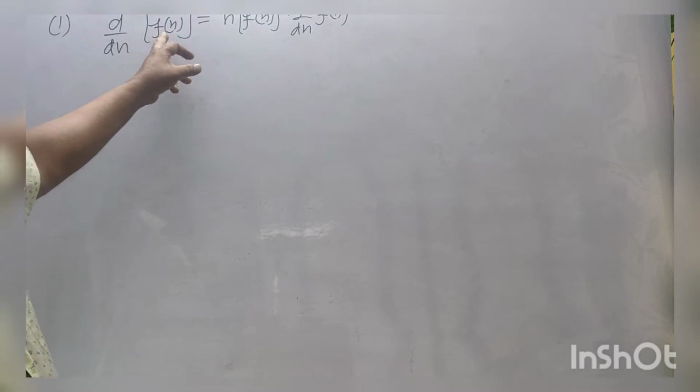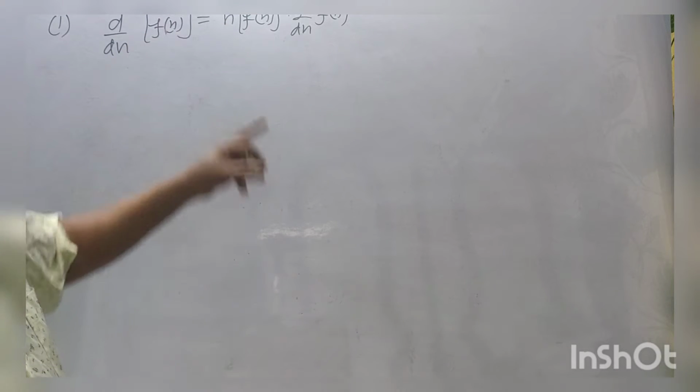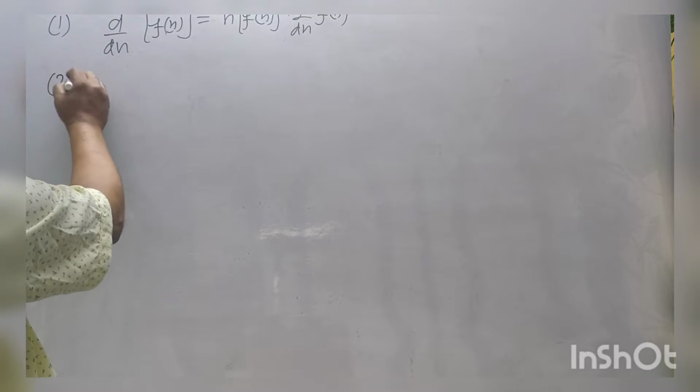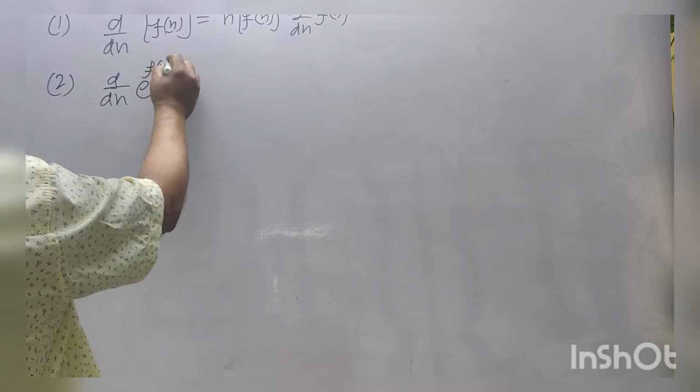और ये फार्मूला, एक्चुअल फार्मूला ये है d अपॉन dx ऑफ f(x) की पावर n, that is equal to n into f(x) की पावर n minus 1 further derivative of f(x) by chain rule. Similarly, second is d upon dx of e की पावर x था, अब हो जाएगा f(x).